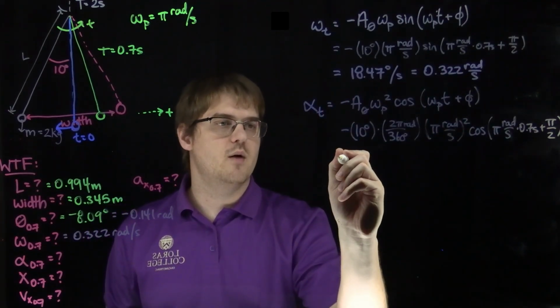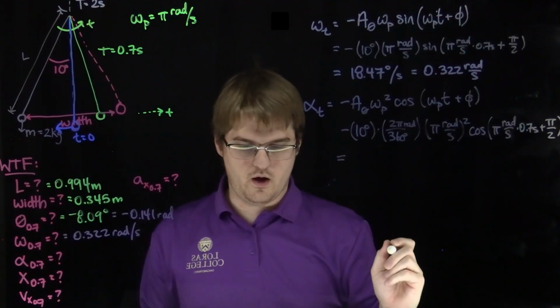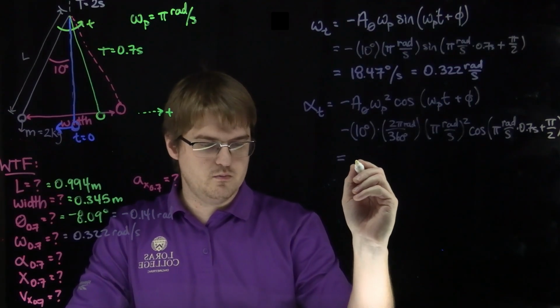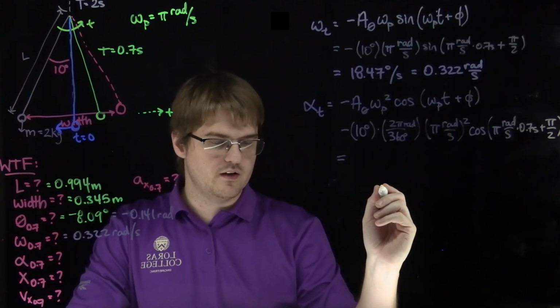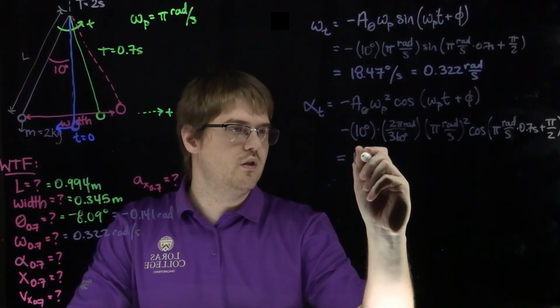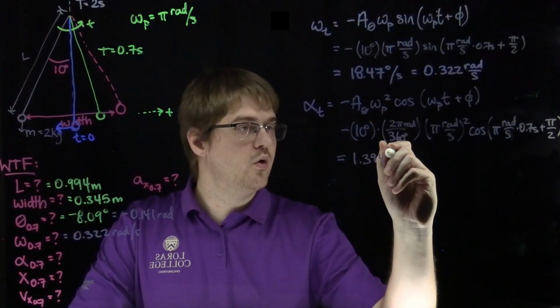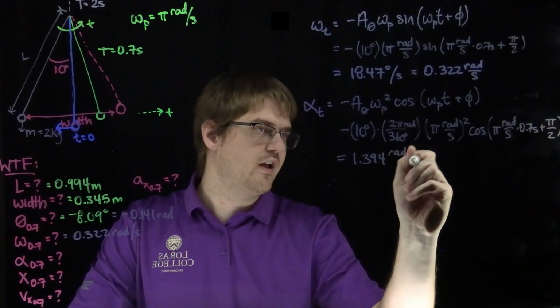And that is going to come out to a total value of 79.8 degrees per second squared, or 1.394 radians per second squared.